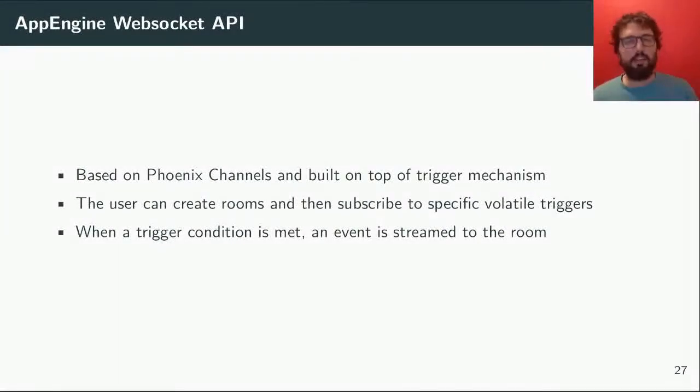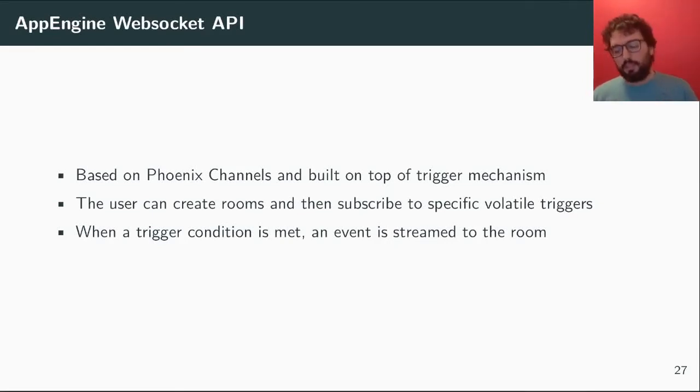And another nice thing about the AppEngine is that it exposes not only a REST API, but also a WebSocket API, which is based on Phoenix channels, Phoenix being the web framework of the Elixir language. And it's built on top of the trigger mechanism. So you can create a room and subscribe to specific volatile triggers. With the kind of trigger configuration I showed you earlier, you say, okay, I'm interested in this channel room.